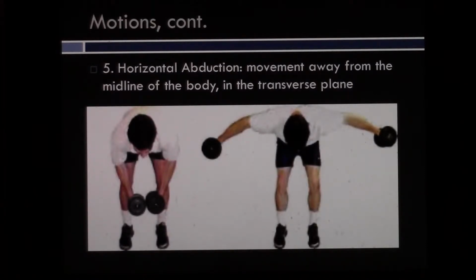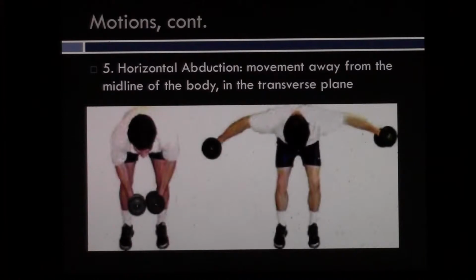Okay, so horizontal abduction, and you do have to say horizontal abduction, because if you just say abduction, that's not correct. Horizontal abduction is a different motion from the other one. Okay, so it's movement away from the midline of the body in the transverse plane. So again, if you go back to my terrible example, with your arms straight out in front of you, horizontal abduction is starting with your hands together out in front of you and then moving back.